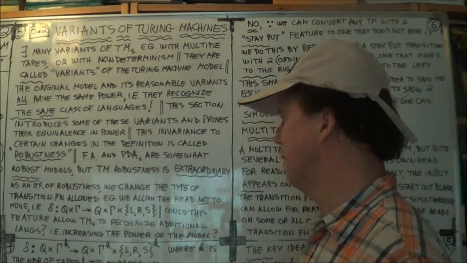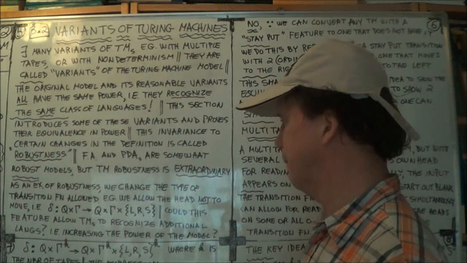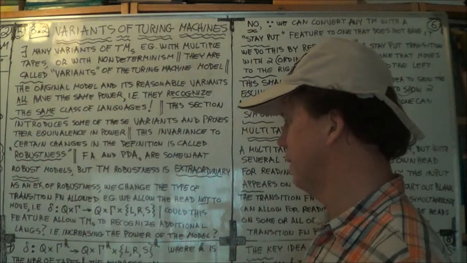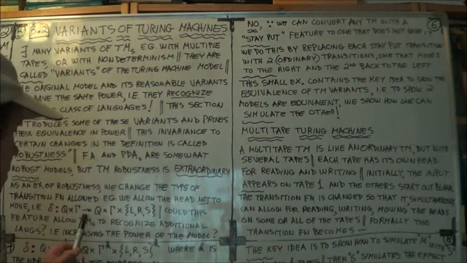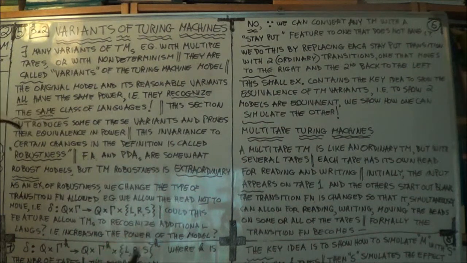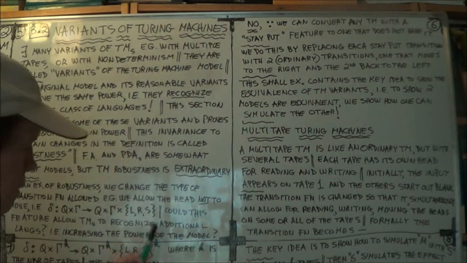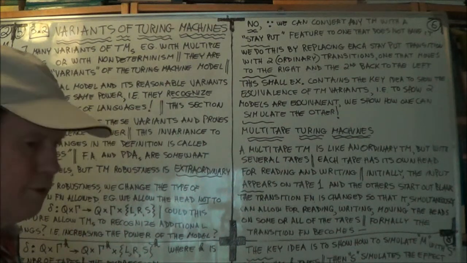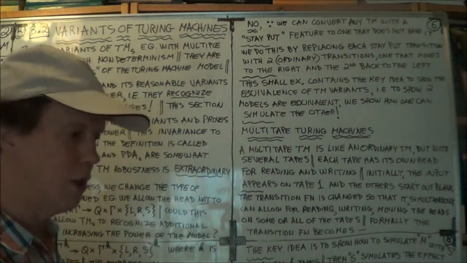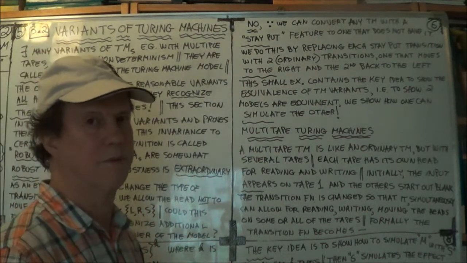And how do you do that? Well, if you have a Turing machine with this extra feature, that you don't move, is this variant of a Turing machine more powerful?